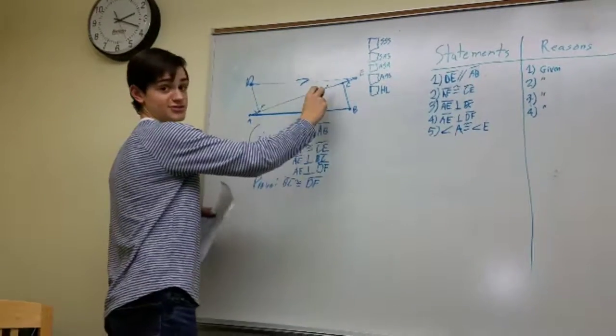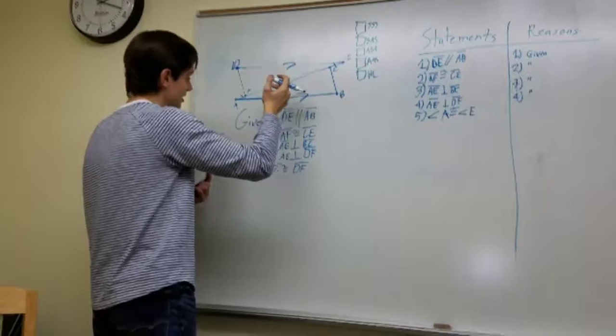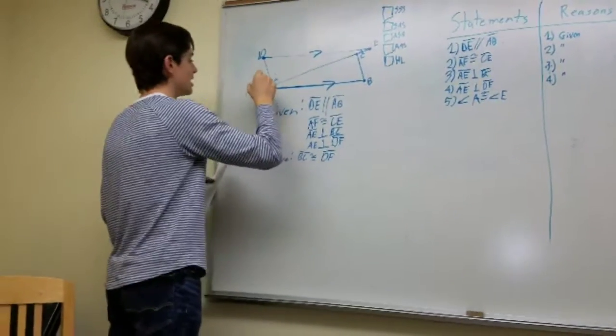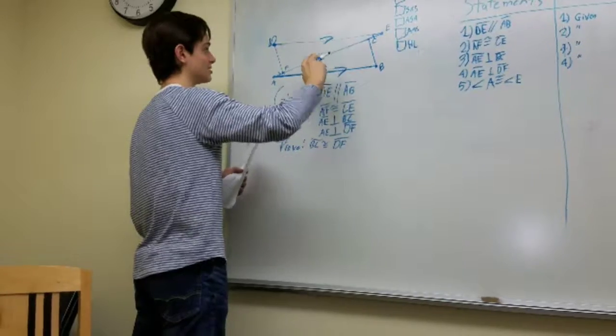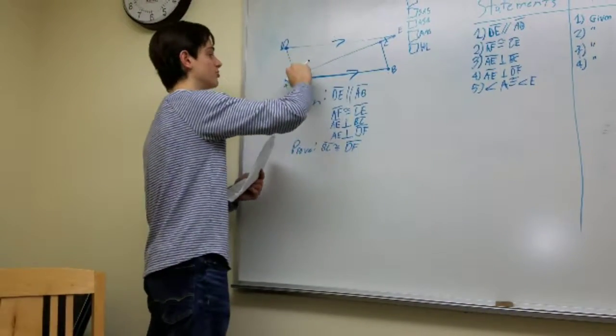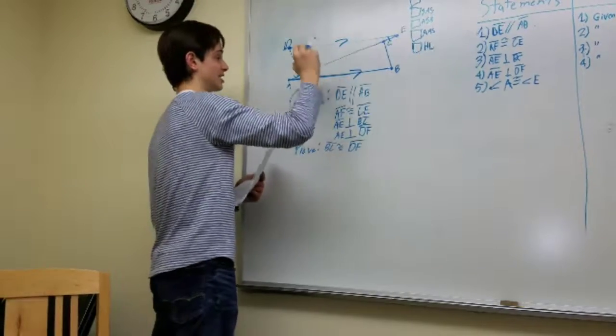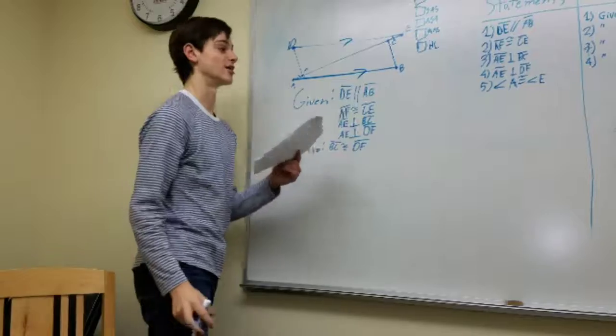Now remember that these lines are parallel and this would be a transversal line. So our proof or reason is going to be that angle A and angle E are alternate interior angles, and these are two parallel lines cut by a transversal, which means that alternate interior angles, meaning they're on the inside of both parallel lines and on opposite sides of the transversal, are congruent.